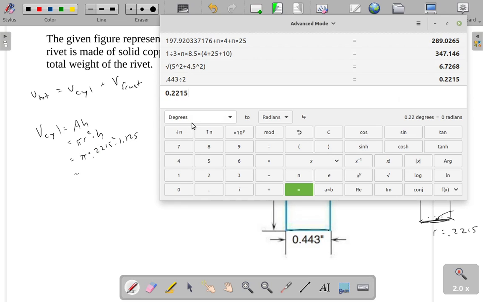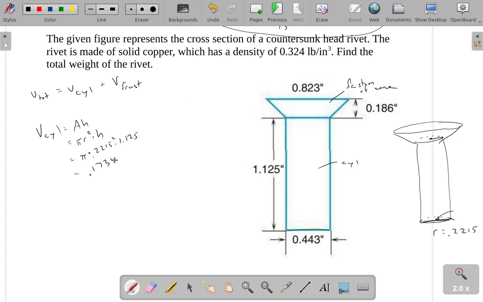So this is pi times this number squared times 1.125, which gives us 0.1734 approximately. That's a number of cubic inches. All those measurements are in inches, so that's a number of cubic inches.